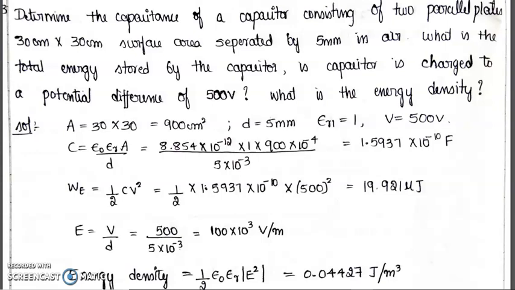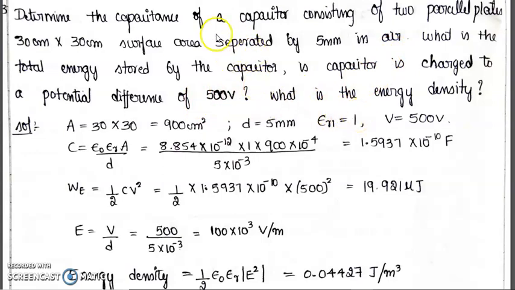So the given data is, area is 30 into 30 centimeter square, that is 900 centimeter square, and the separation distance is 5 millimeter and the dielectric medium is air. So epsilon R, relative permittivity, is 1 and applied voltage is 500 volt.